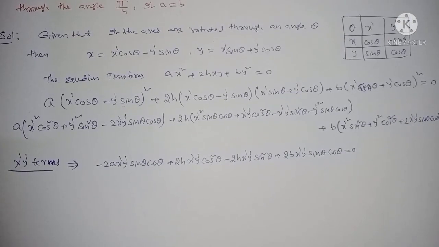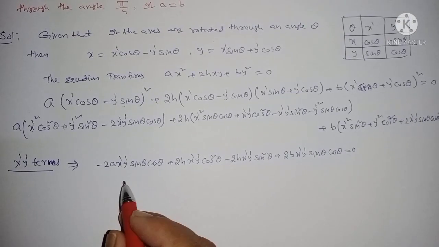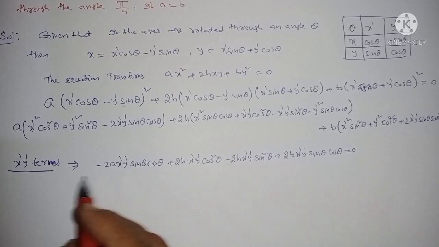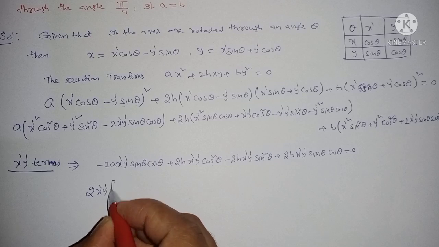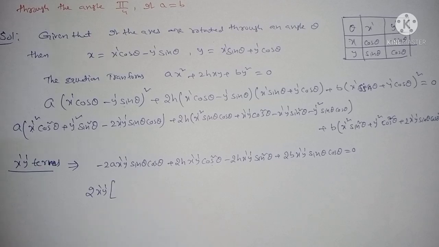Next, in all the terms you have the 2 common and x dash y dash, I take the common. What are the remaining terms you can observe here?